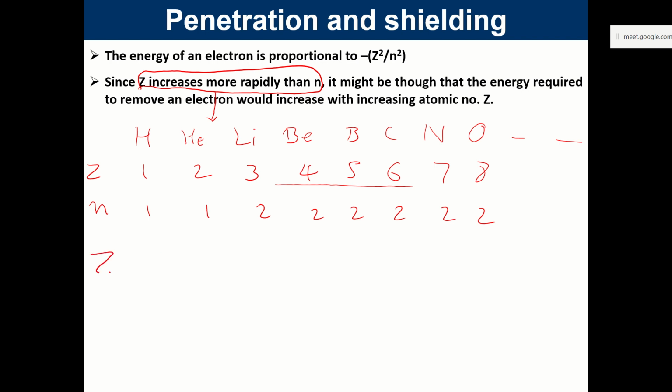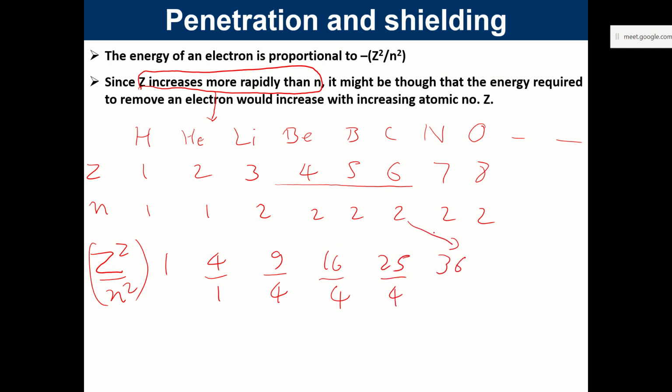Here it is 1, it is 4 by 1, it is 9 by 4, 16 by 4, 25 by 4, 36 by, like this.